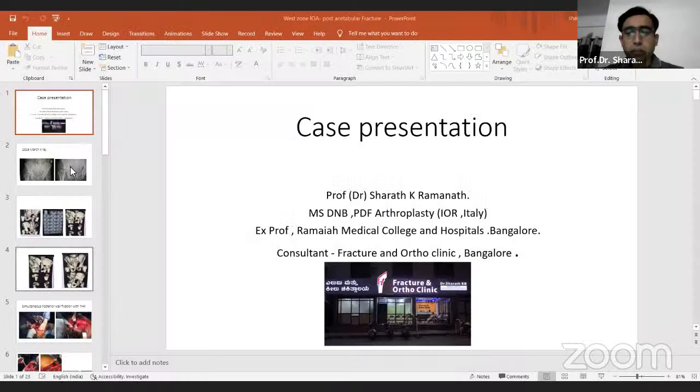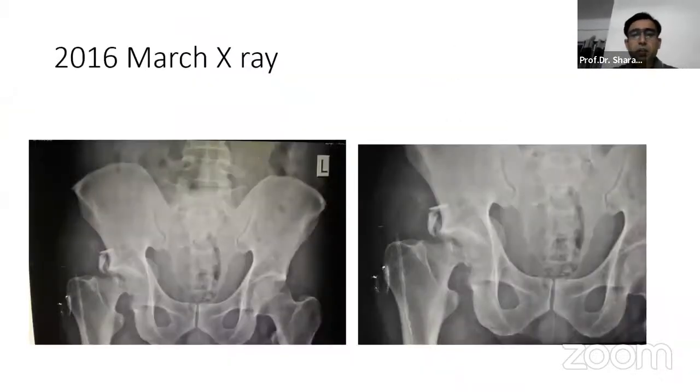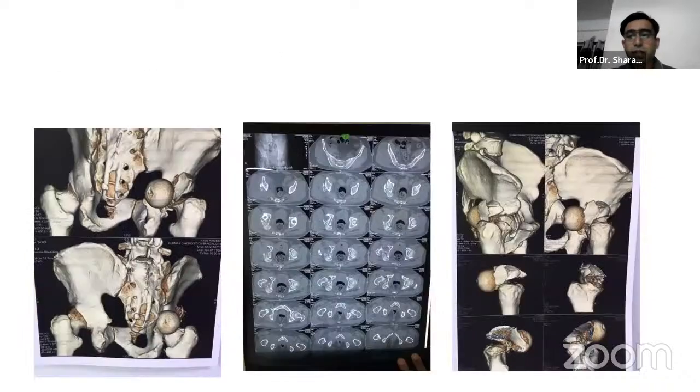I will be presenting a case of fracture neck femur with the posterior wall of the acetabulum. There was a displaced fracture neck femur posteriorly, with comminution in the neck and a comminuted posterior wall fracture of the acetabulum.